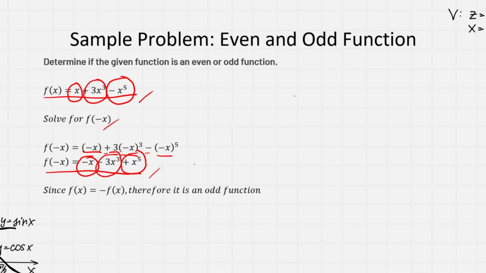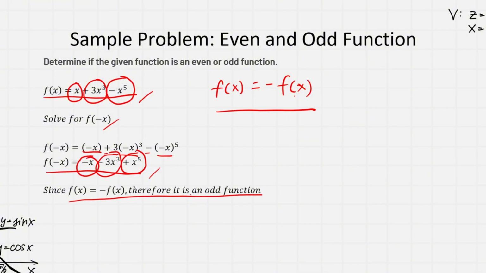So in short, okay, our f of x is equal to the negative f of x. Okay, so if this condition is true, therefore it is an odd function.